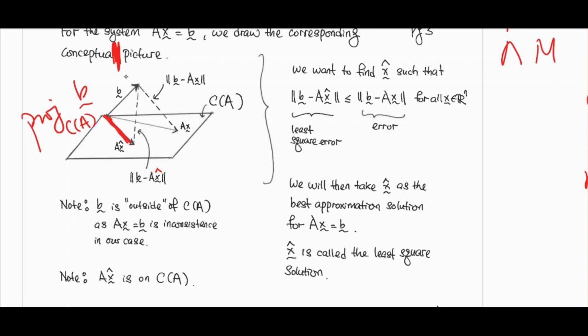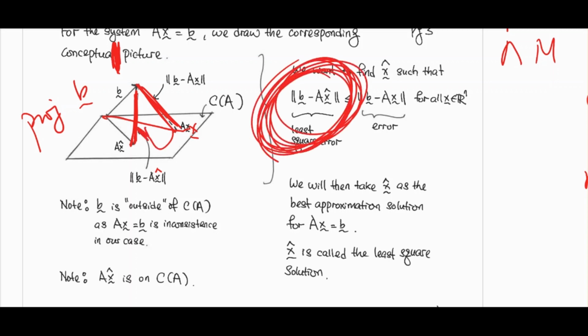So you shine a light right on top of this vector B, it casts a shadow on the column space of A, right? So this is a fixed quantity. So this is also a fixed quantity, therefore this is also a fixed quantity. And if you take any vector that's in the column space of A, you look at this so-called error, this so-called error is going to be greater than or equal to this one. So this is our least square solution.